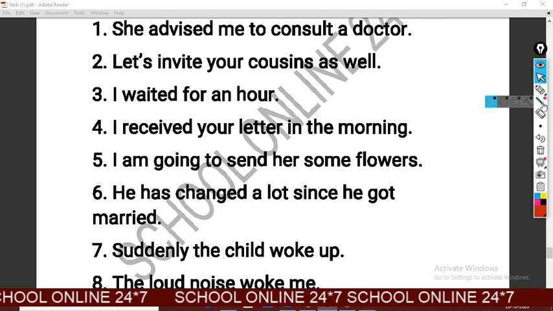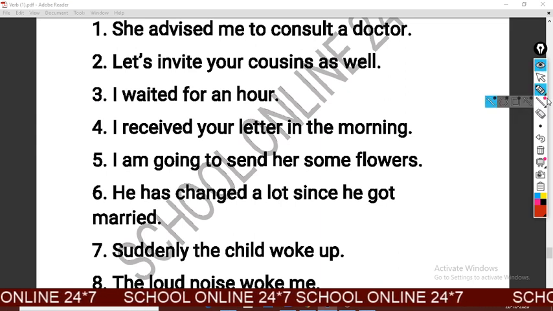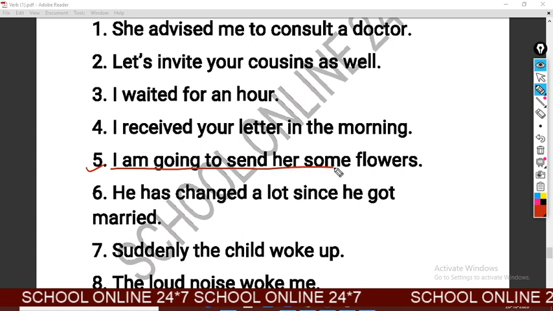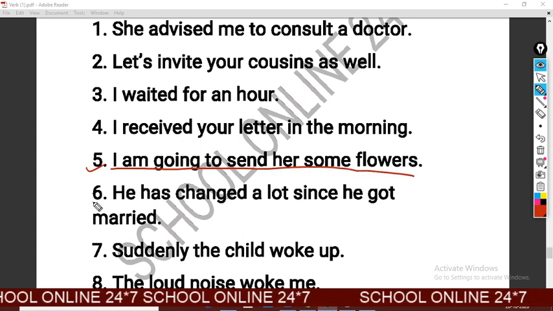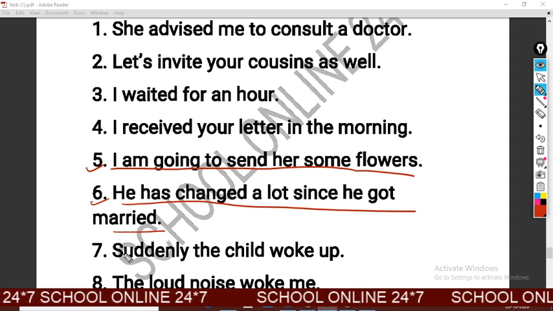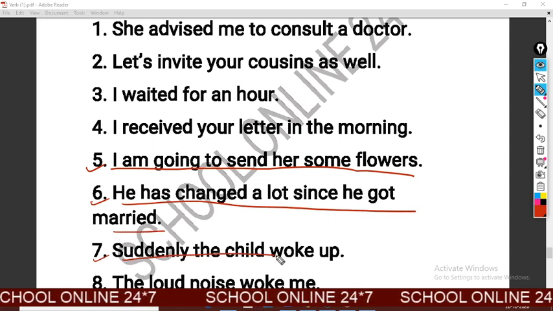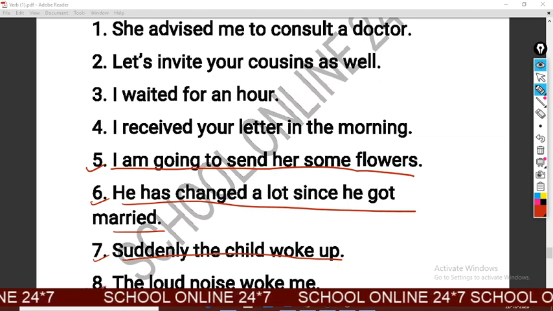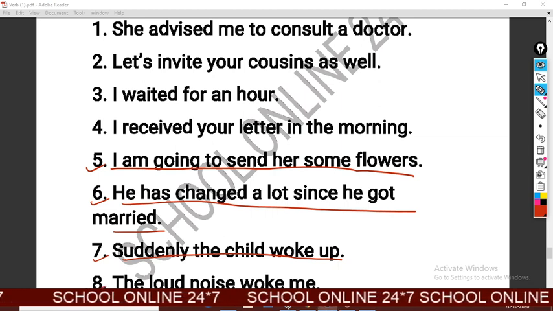Next sentence. Fifth, I am going to send her some flowers. Six, he has changed a lot since he got married. Seven, suddenly the child woke up. Eight, the loud noise woke me.